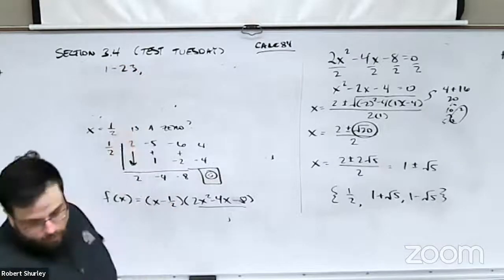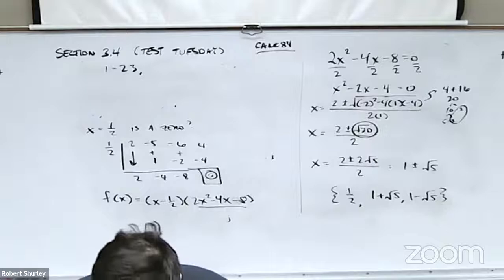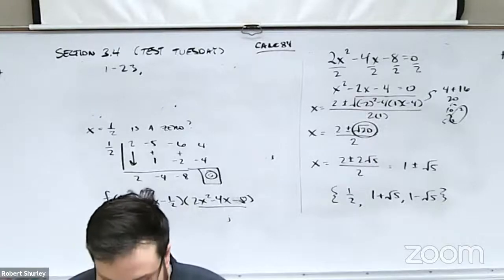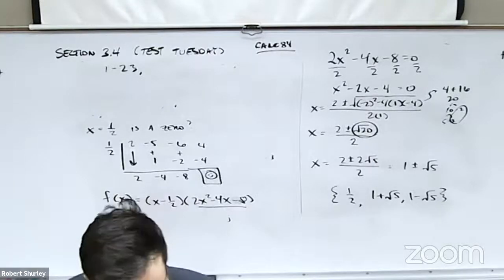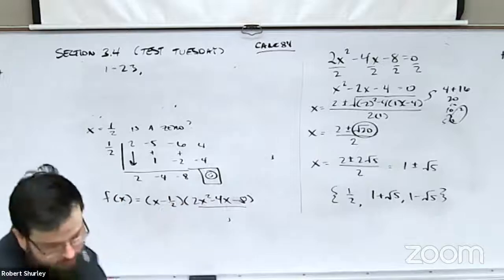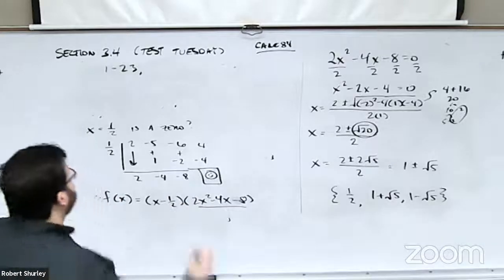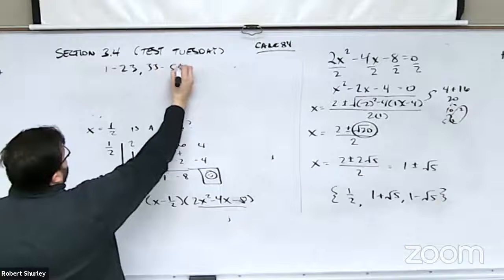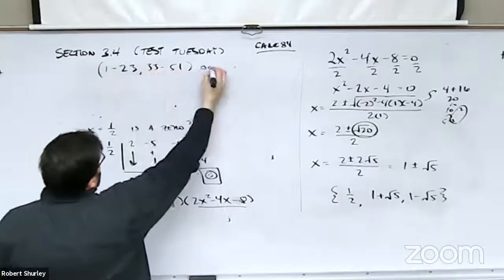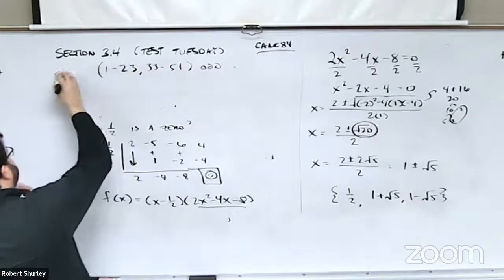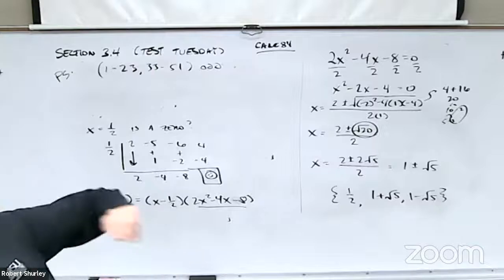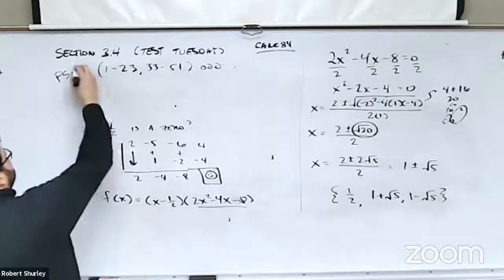These are all going to be odd. And then 33 through 51 is when it asks you to do the Descartes' rule of signs. I just want you to do all the odd ones. It starts on page 386.